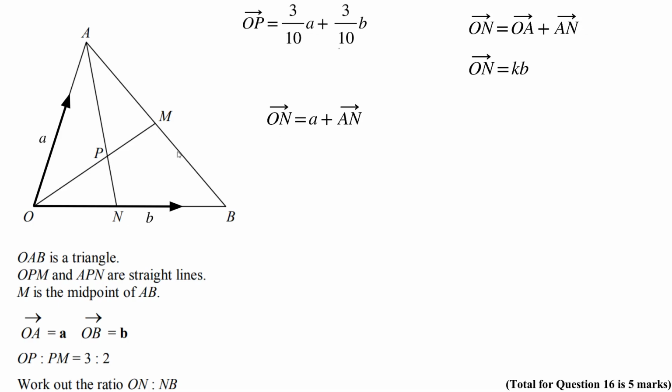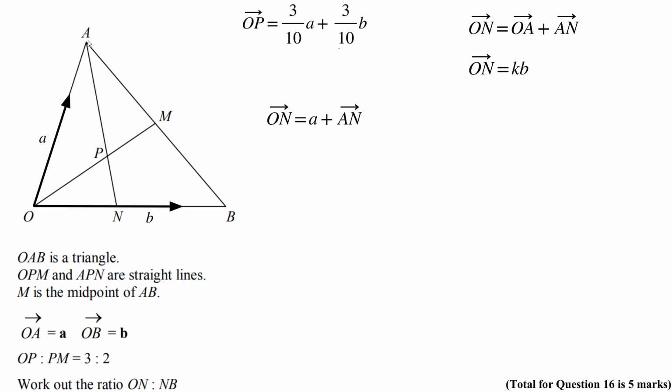O to N is also, what is it? OA plus AN. We know that OA is a, and then AN. Well, AN is not too tricky to figure out, because if we know that A to P is 3 over 10a plus 3 over 10b, then we can figure out A to P. And I'll tell you why that's useful.